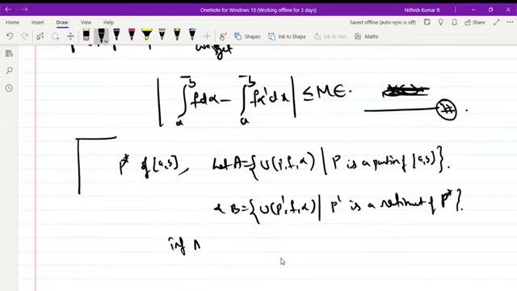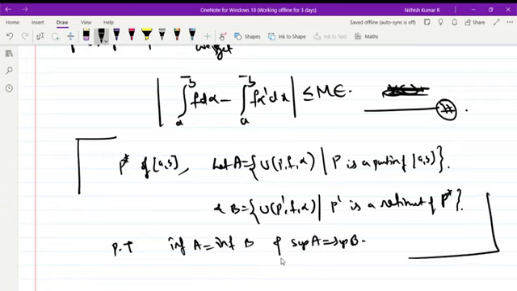Then prove that the infimum of A is equal to the infimum of B, and the supremum of A is equal to the supremum of B. Take it as an exercise. So here P star is a fixed partition of the closed interval [a, b]. Here I am taking U(P, f, alpha) such that P varies over all the partitions of the closed interval, but here I am taking those partitions of [a, b] which are refinements of P star.